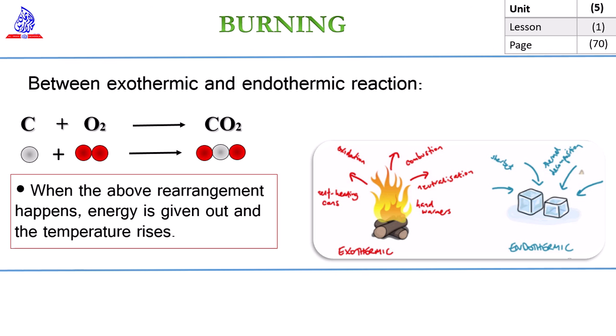So we want to explain it again. Look at the picture. In this red picture, figure number 1, this is exothermic because energy is given out from the system, that means from the reaction, to the surroundings. So exothermic means any reaction that releases energy.